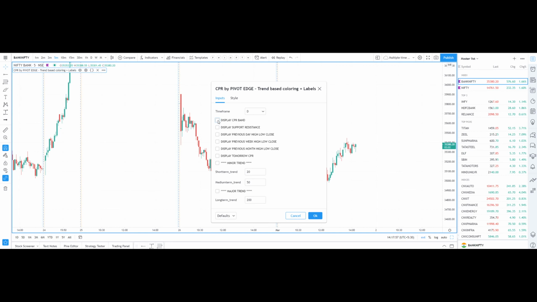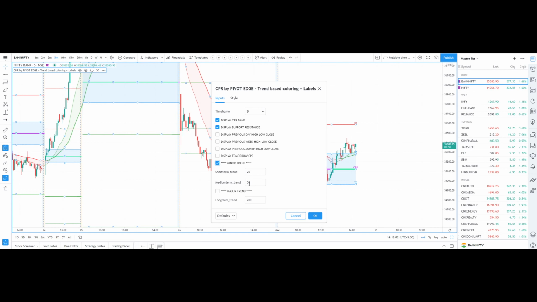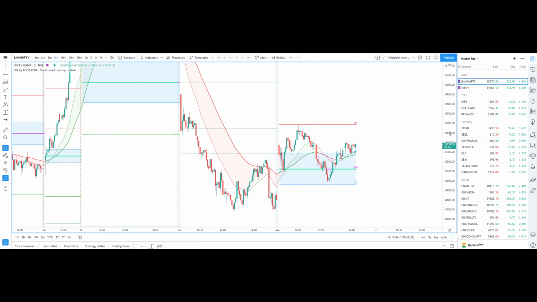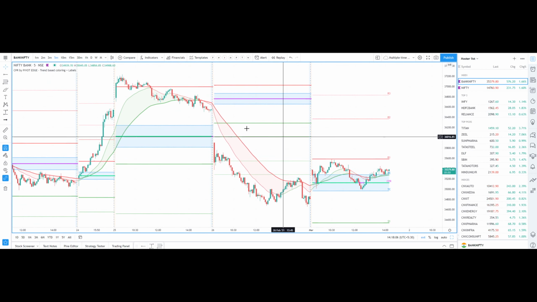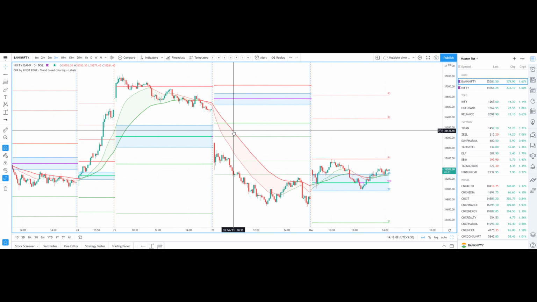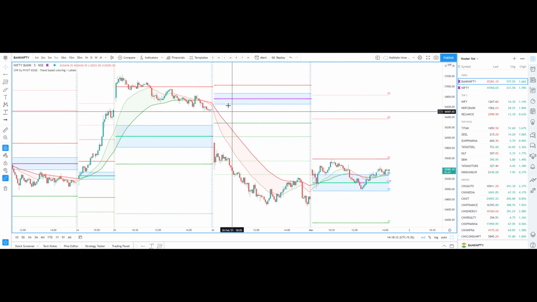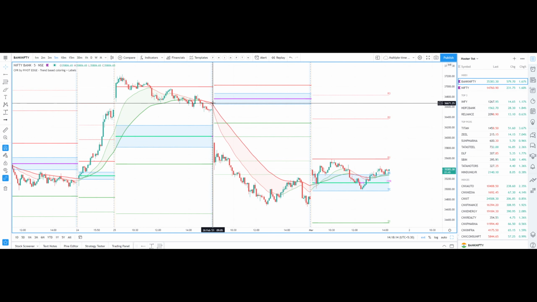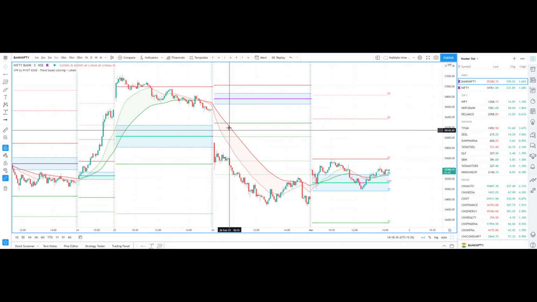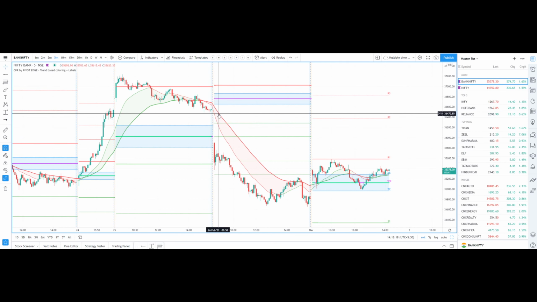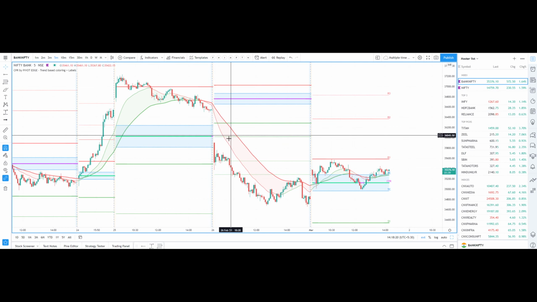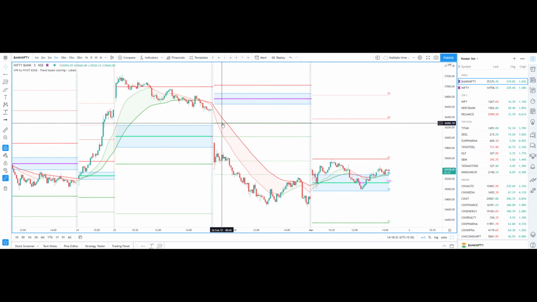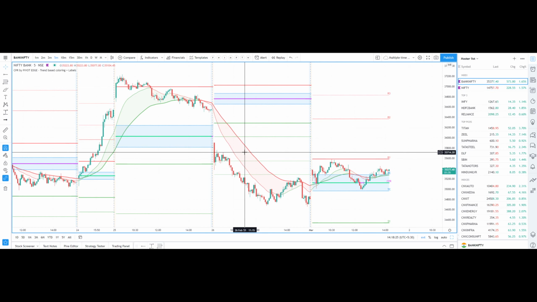Now let us see minor trend and major trend. This minor trend is a combination of two moving averages, which I have combined and color coded such that whenever the trend is down, these curves will be colored red, and also the area between these two curves will be colored red.